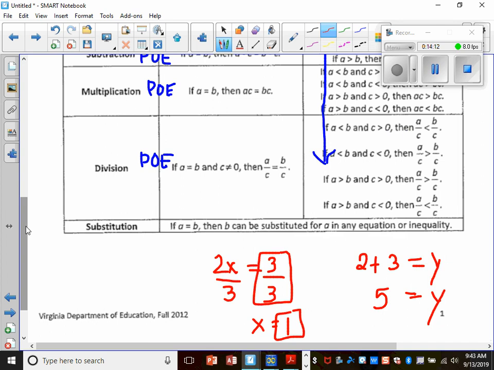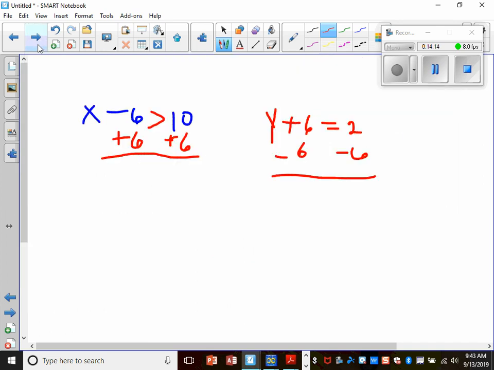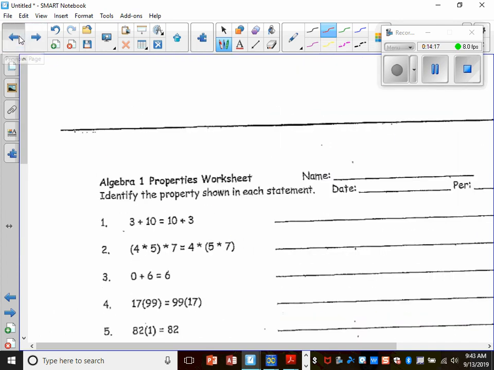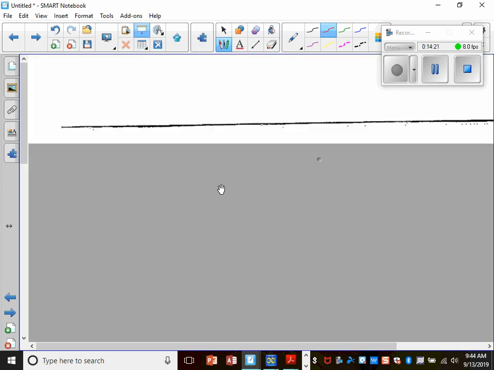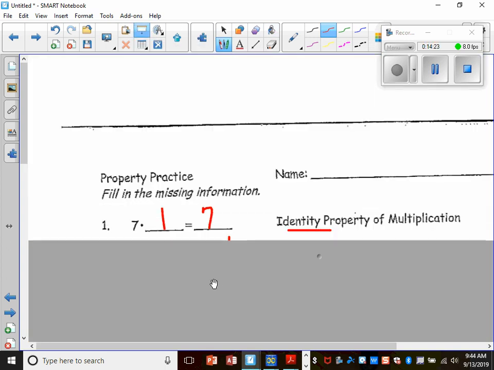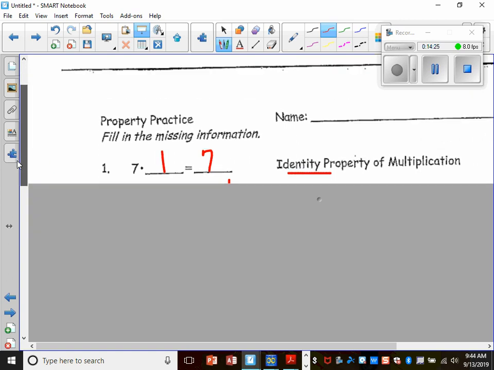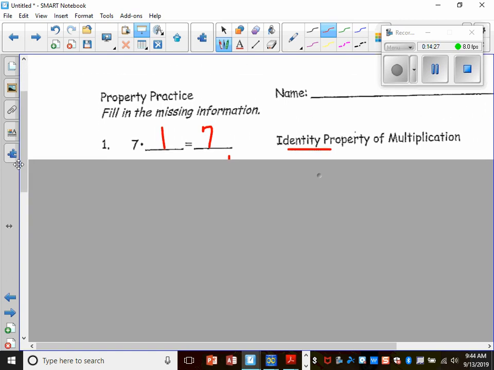All right, so what we're going to do is go to this page here and fill this one in together. So starting with the first one, it says the identity property of multiplication. Obviously, identity means that you are getting the identical number you started out with. So that's going to be a 1.